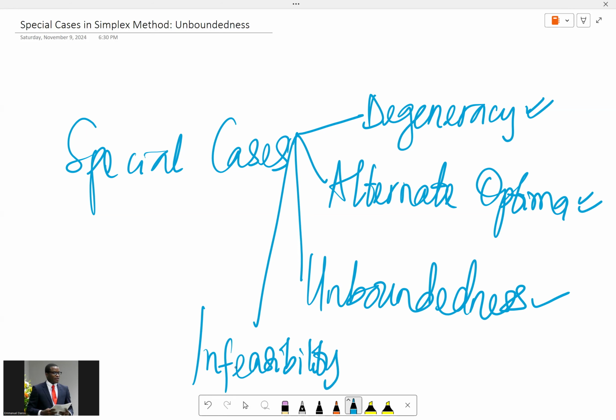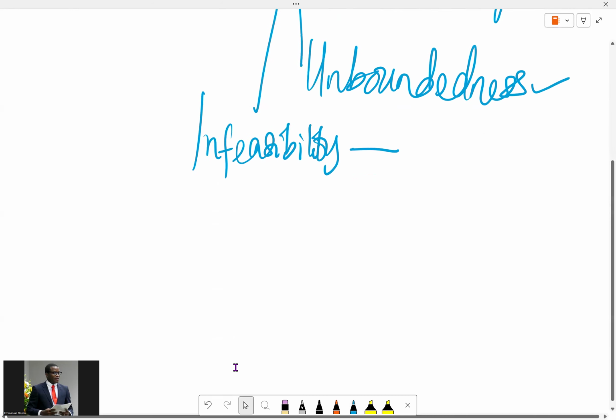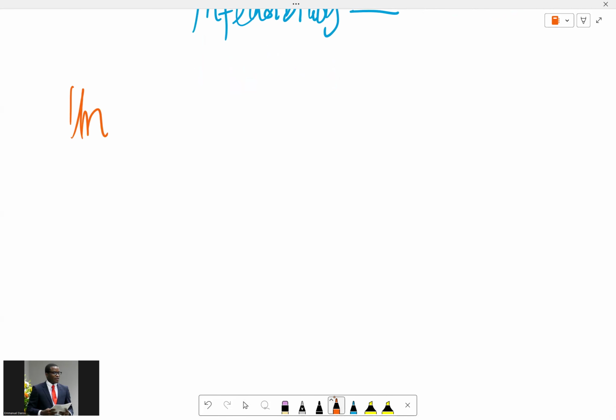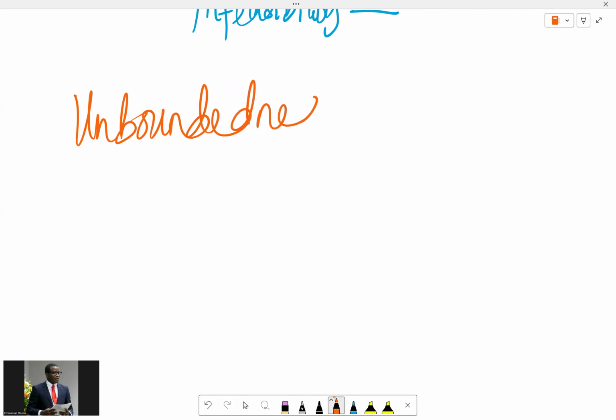Infeasibility is coming after this one. So our focus for now is on unboundedness. What do we have to say about unboundedness?